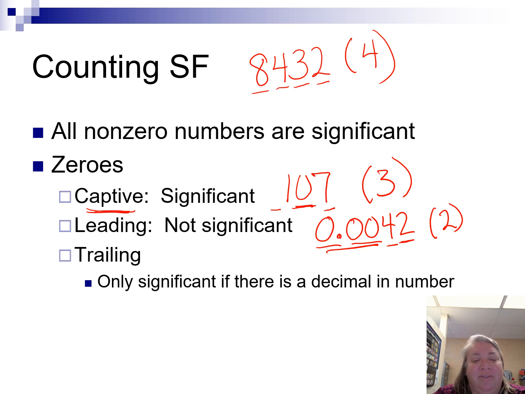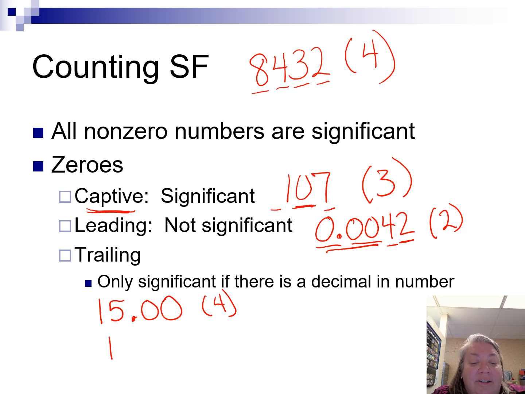So let's do a few examples. So if I was to do the number 15.00, because there's a decimal in that number, and then I wrote zeros after that, it would seem like those zeros are supposed to be there. So those zeros are considered to be significant. In this case, we have 4 sig figs.